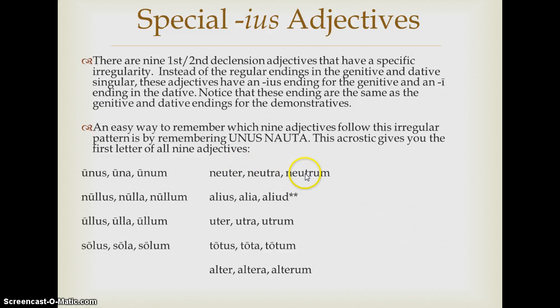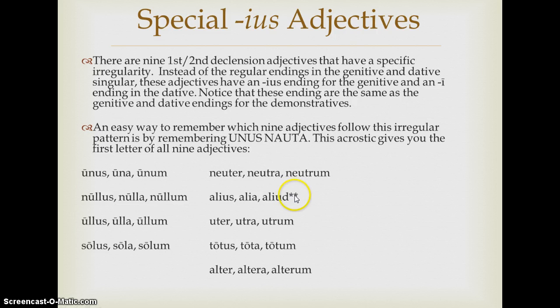Neuter, neutra, neutrum, neither. Alius, alia, aliud, other. Uter, utra, utrum, either. Totus, tota, totum, entire. And alter, altera, alterum, which means another or the other of two.